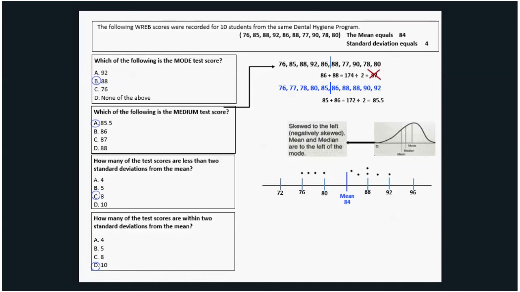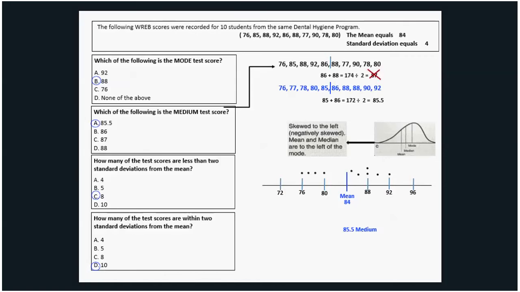Here they're saying that the mean and the median are left of the mode. Others will say the mean is to the left of the median. So we want to think in terms of whatever way is easiest for you to remember.